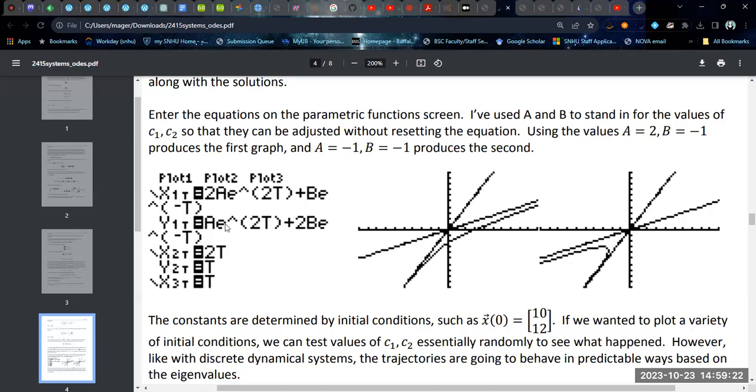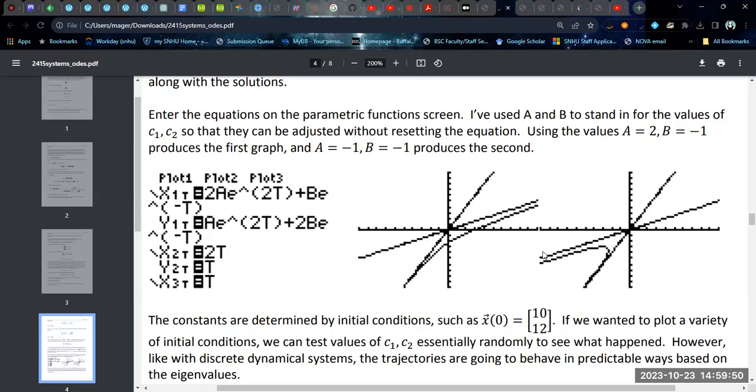In this example, if I choose a particular A and B value with some initial starting position, such as this, you can actually see as time changes the path of the system. If you choose a different set of initial conditions, you can see that in this portion of the graph, they would behave like this.